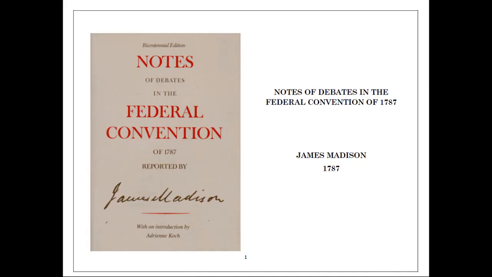All right. While it is not necessary for us to spend any more time setting up the historical context of the Federal Convention, it is worth spending a moment to emphasize the primary and leading role of James Madison, both as an advocate for the calling of the convention and especially as a kind of parliamentary manager or debate manager in the day-to-day proceedings as the convention met over the summer of 1787.